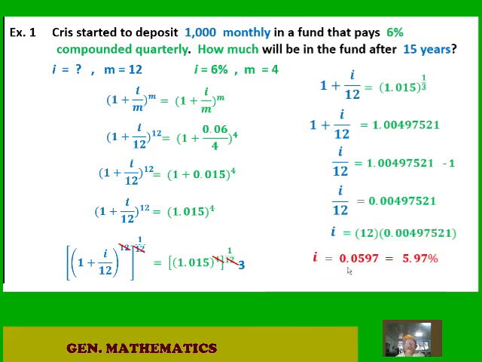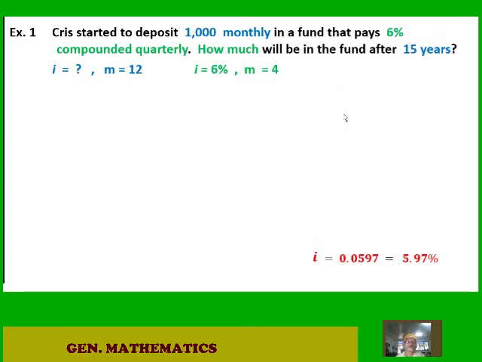So this is actually the same problem previously. So the interest rate per period per month is 5.97%, equivalent rate with 6% compounded quarterly. So our i this time is 5.97%. So let us proceed in solving the problem.